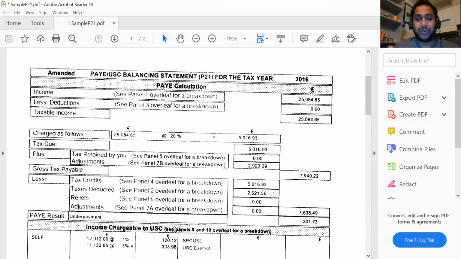So you add this up and subtract that from the tax you should be paying to the government. If you subtract, it's not negative, it's a positive amount. So this would be the amount you pay to the government. Wherever you see the term underpayment, it means that you owe Revenue money. If it is overpayment, it means that Revenue owes you money.